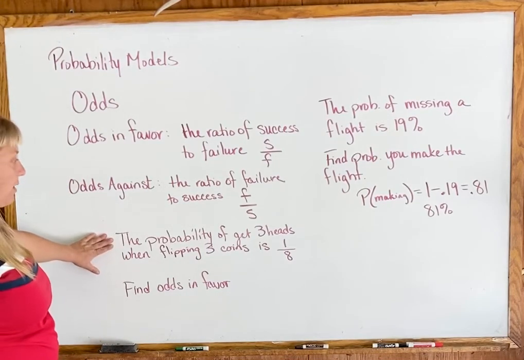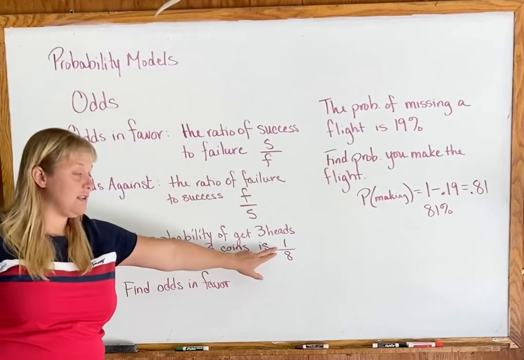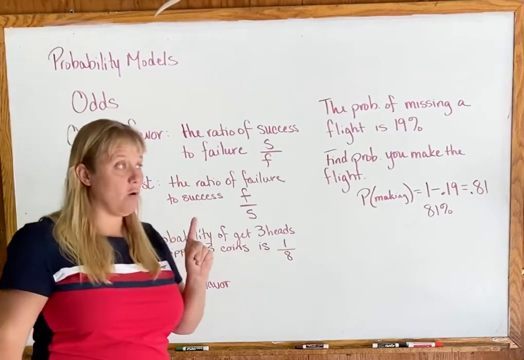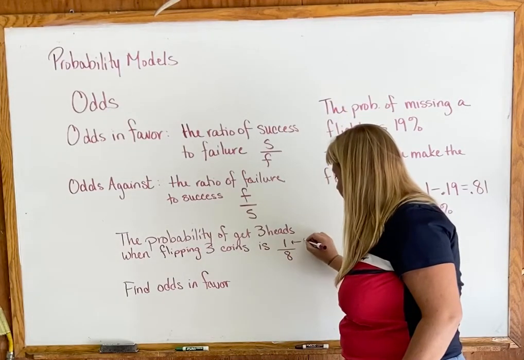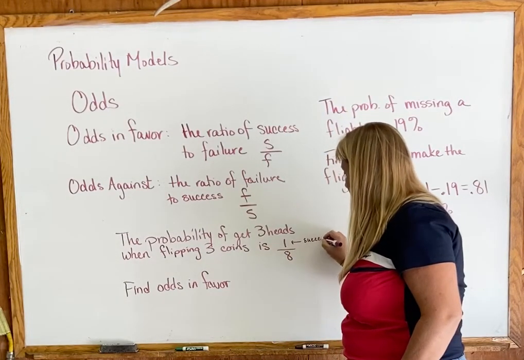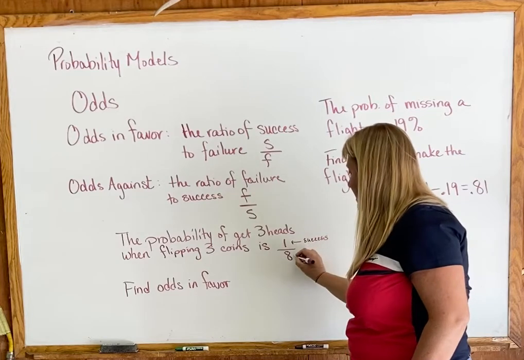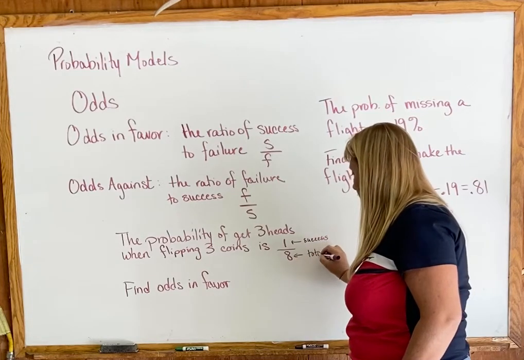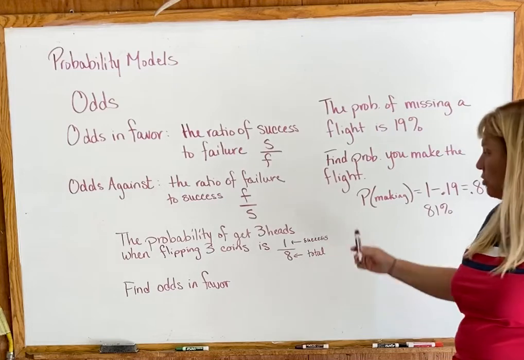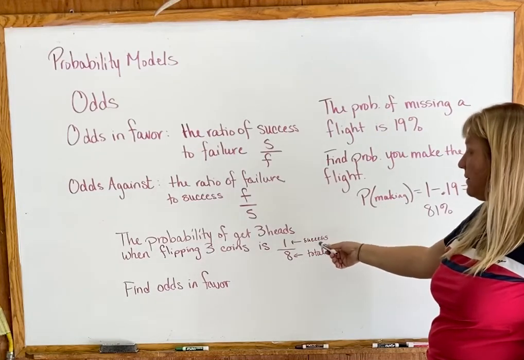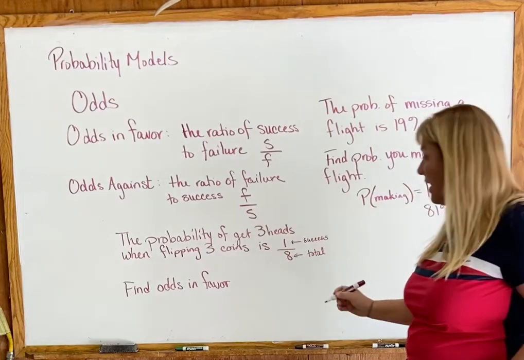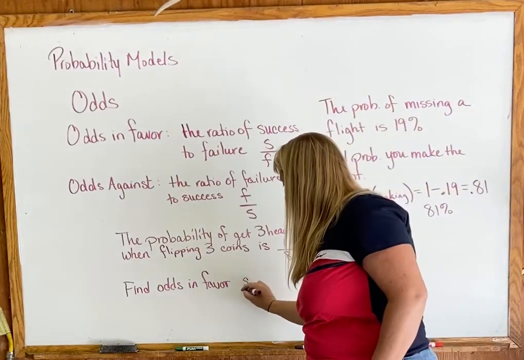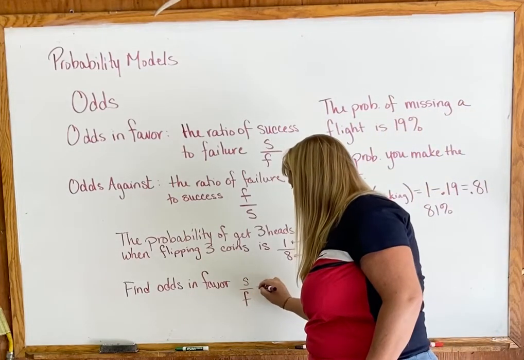So this says the probability of getting 3 heads is 1/8. Now remember, when we do probability, this top number is success, but the bottom number is the total. Okay, so it's not success over failure. Probability is success over the total. So if we want odds in favor, what we want is success over failure.